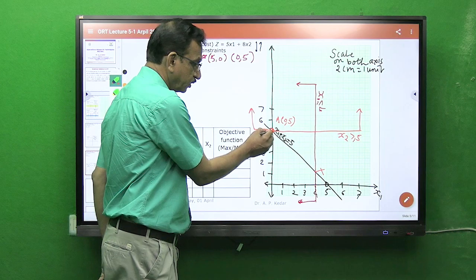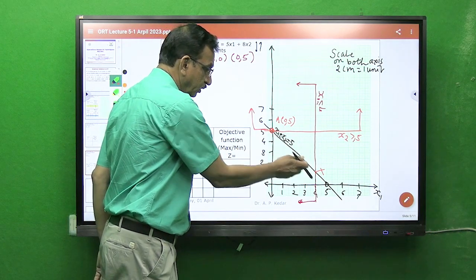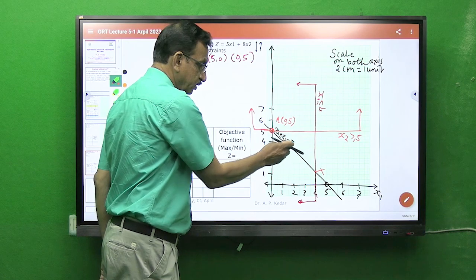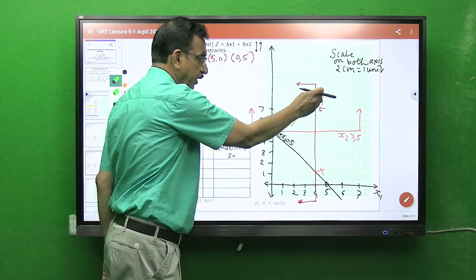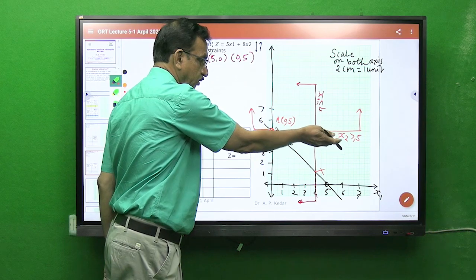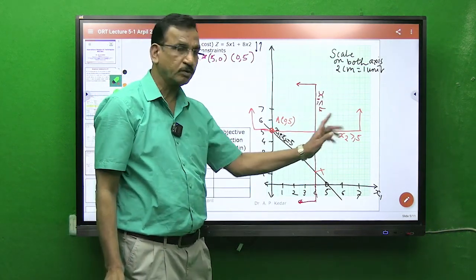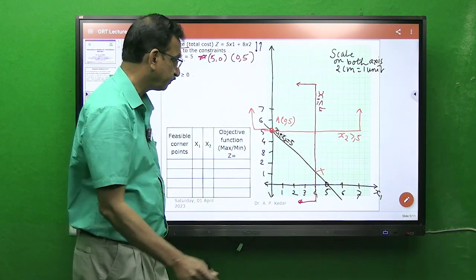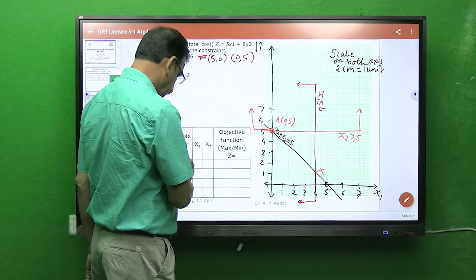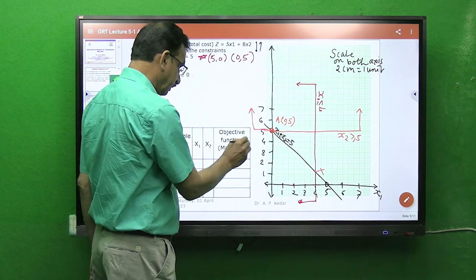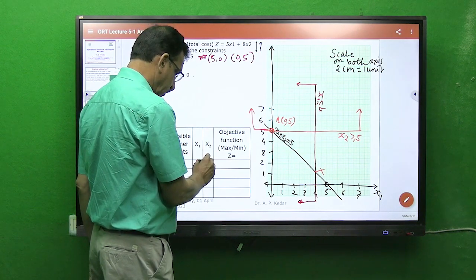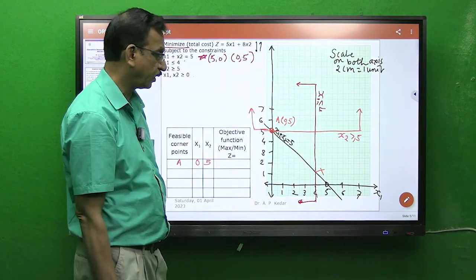This particular point lies on equal to line 1. It satisfies the condition x1 less than or equal to 4. It also satisfies the condition x2 greater than or equal to 5. Only the unique point A. So the answer for this is only one point, with x1 quantity 0 and x2 quantity 5.